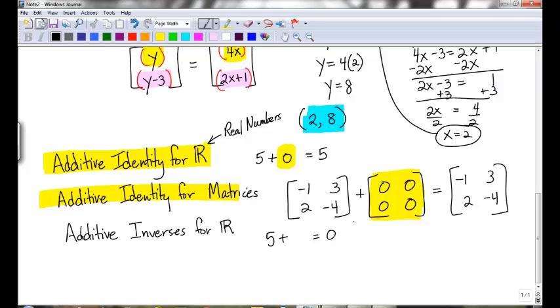What is it? -5, right? 5 and -5 are additive inverses of each other. In an algebra book, you would see it written like this: a lowercase a plus the opposite of a brings me back to 0. These are additive inverses of each other. They bring you back to the additive identity. Now let's look for additive inverses for matrices.